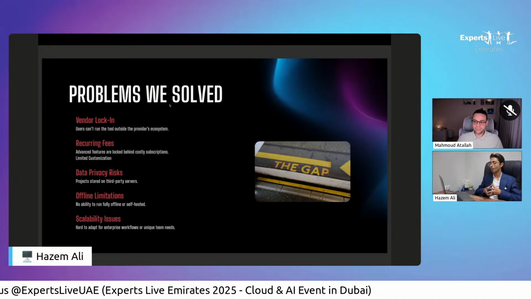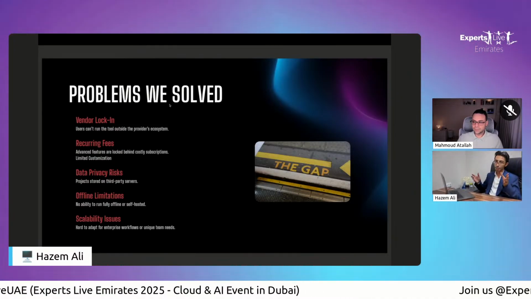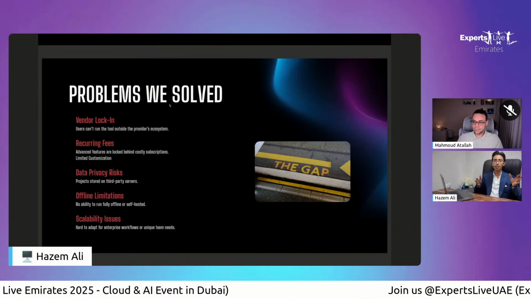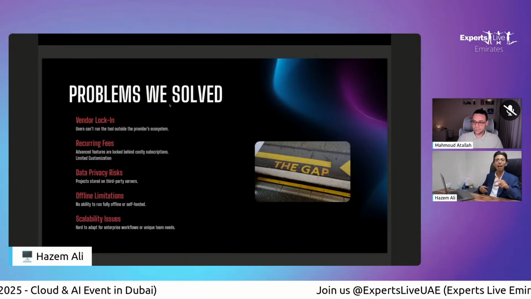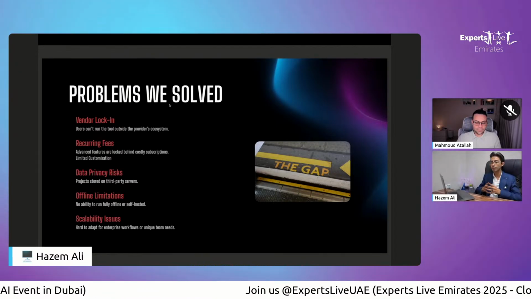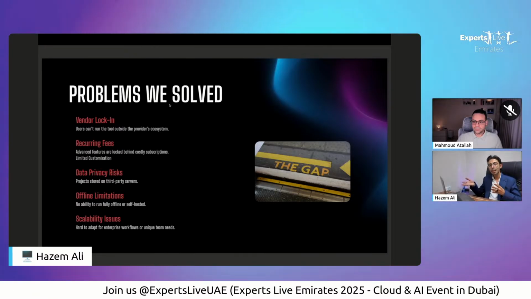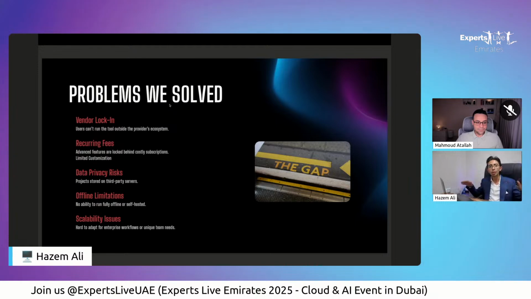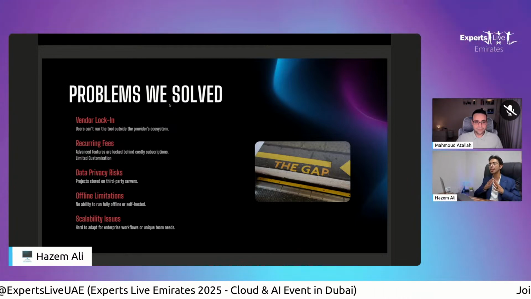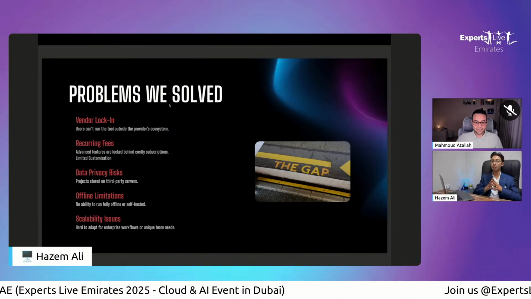However, let's talk about something else. Say you are on a flight, an airplane or something, and you have very limited connectivity. You can deploy it on device and use it completely offline without even sending data to the cloud.